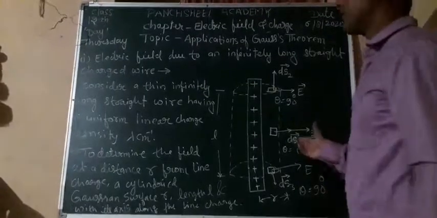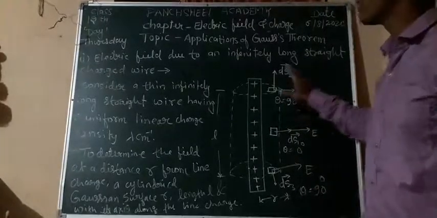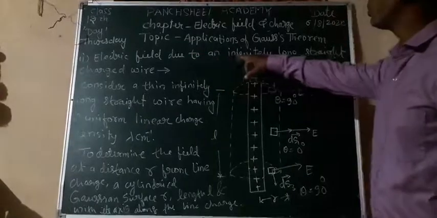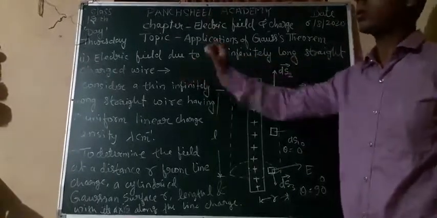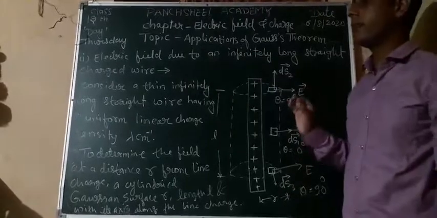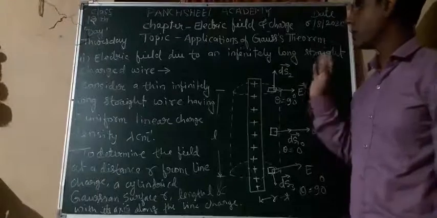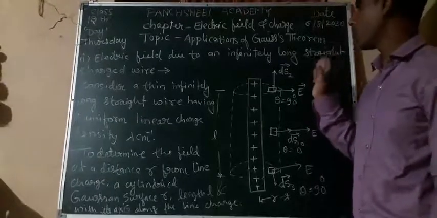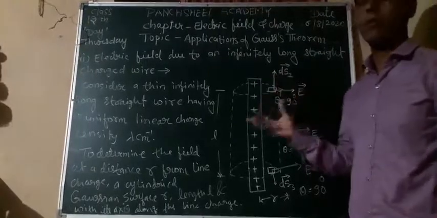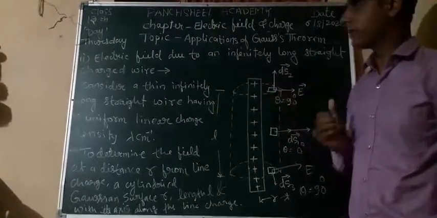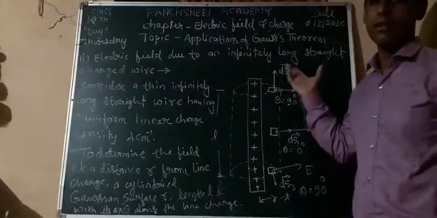This is the very first application of Gauss theorem. What is the electric field due to an infinitely long straight charged wire? Or the question is like this: derive a relation for the electric field due to a uniformly distributed long infinite wire. So you have to derive the formula for the electric field due to an infinite long charged wire.